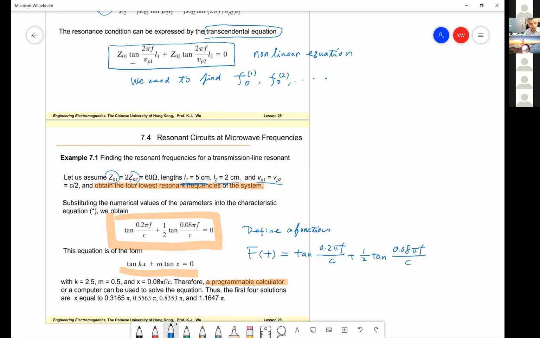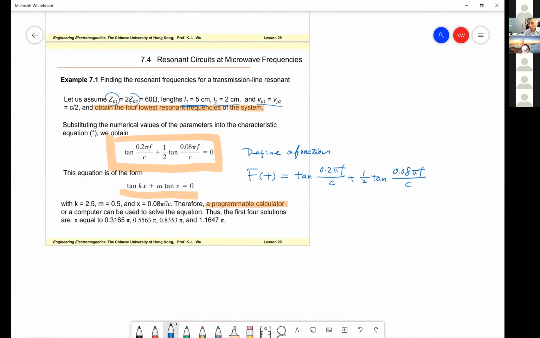I define the function, then I plot it. This is f. If you plot it, this function starts from 0 at f equal to 0, but zero frequency is most of the time not what we are interested in.